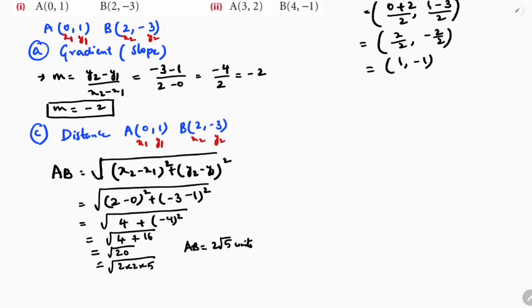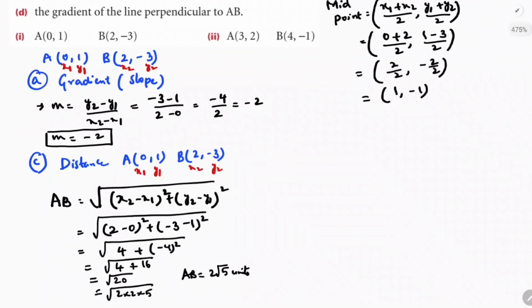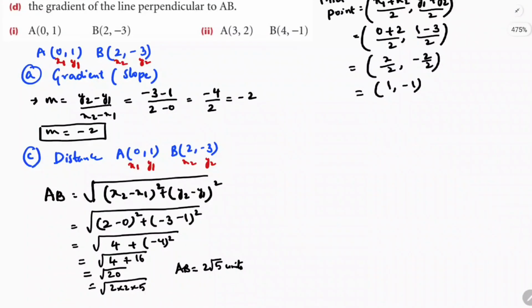Now the last question, they're asking the gradient of the line perpendicular to AB. Suppose it is a line AB, and we need to find the slope, the gradient, of PQ, which is perpendicular. Suppose the slope of AB is m1 and the slope of PQ is m2.